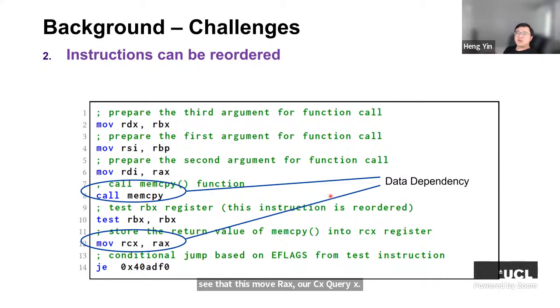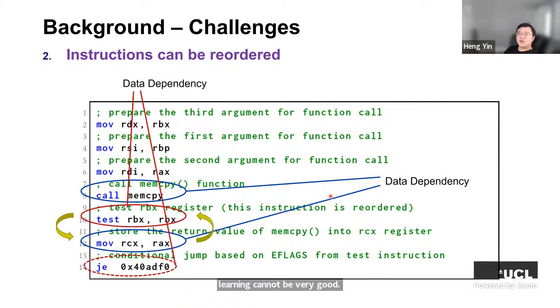There's a gap between these two instructions, and the test RBX is injected in the middle. And the JE instruction that actually uses the outputs of test is, again, two instructions away. So if your learning has to rely on a context window and the instructions can be frequently reordered, then the learning cannot be very good. So that's another challenge.